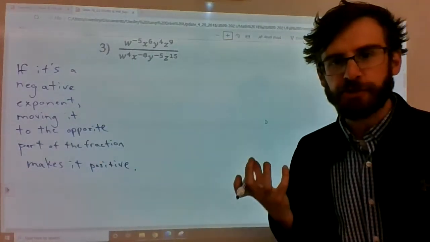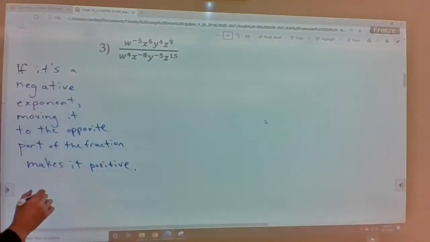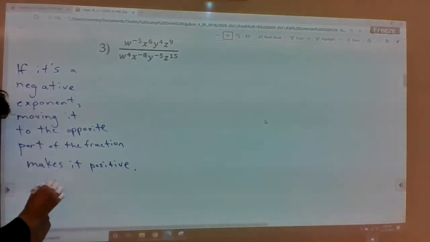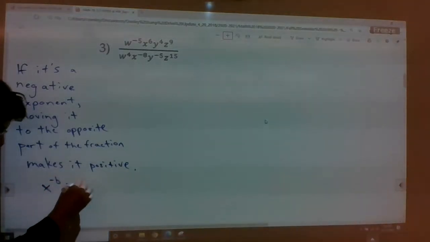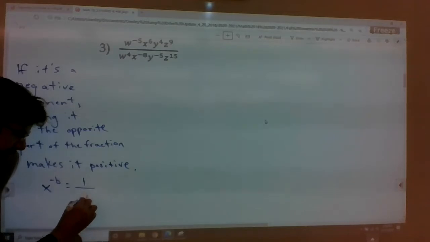It's like we've got this rule now. X to the negative b power equals 1 over x to the b.